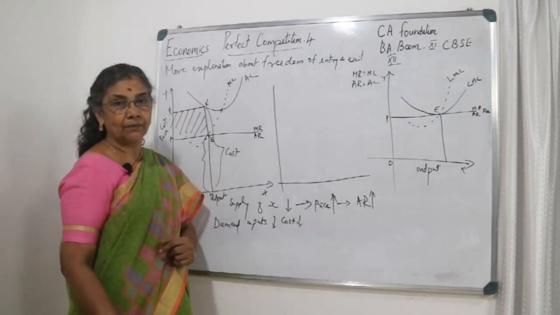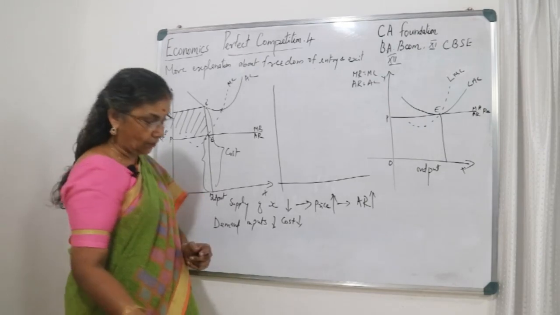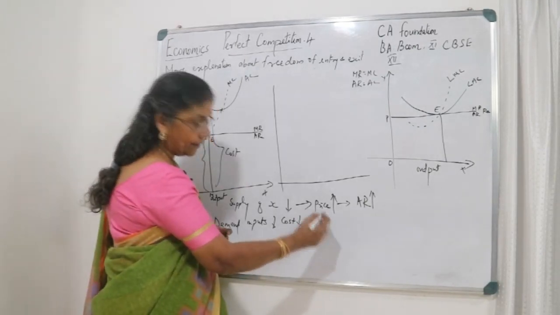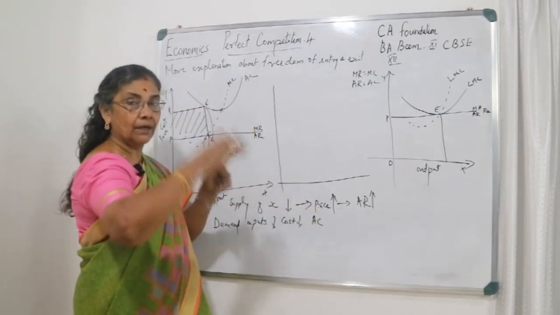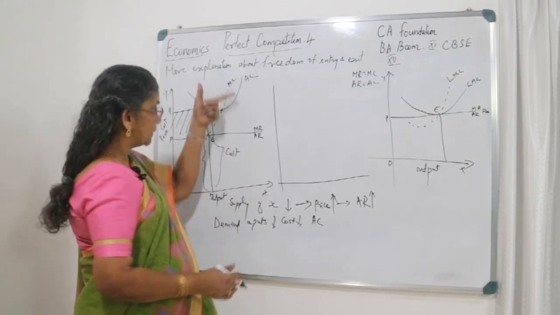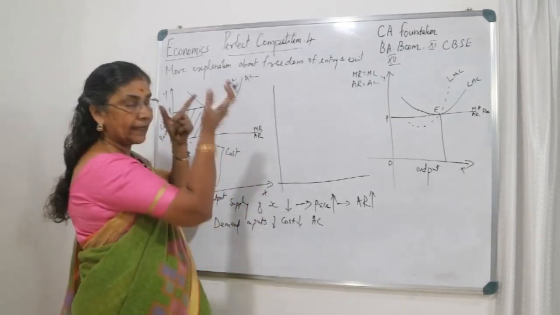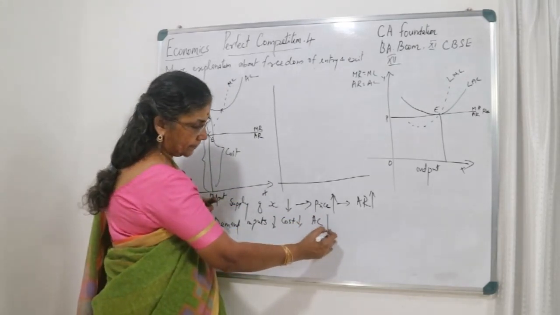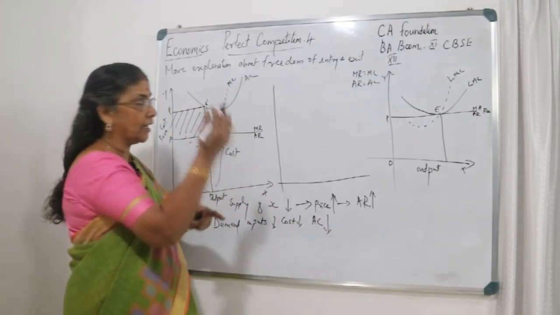Less demand for the inputs, so cost will come down. So the AC curve will shift downwards and the AR curve is shifting upwards.